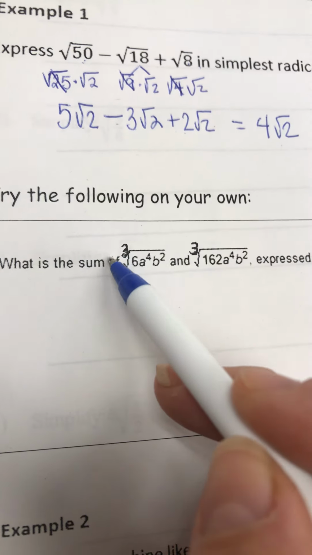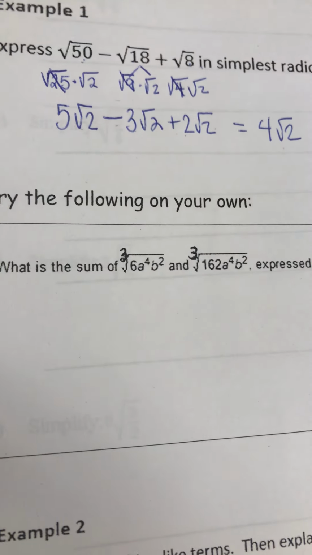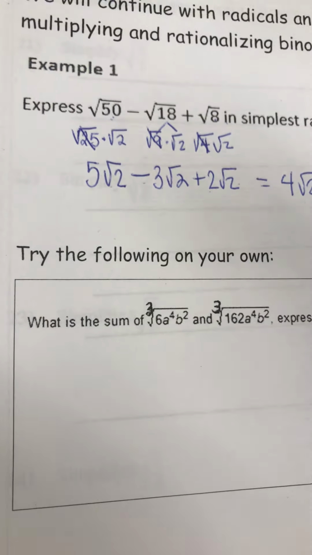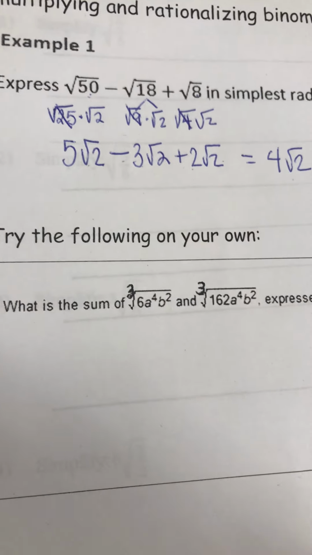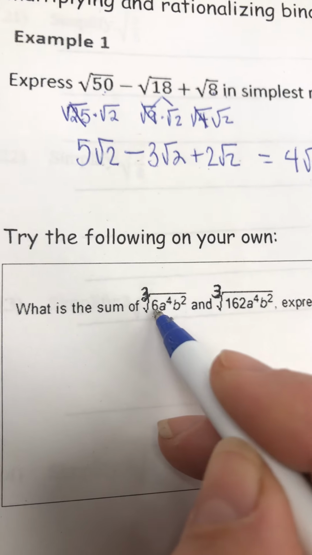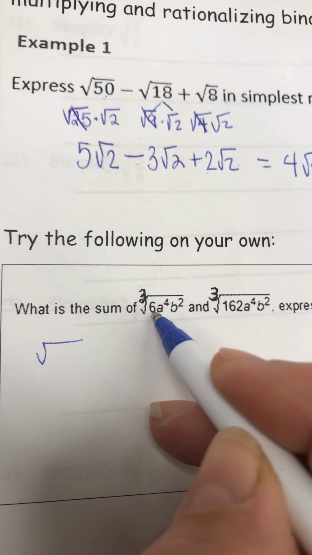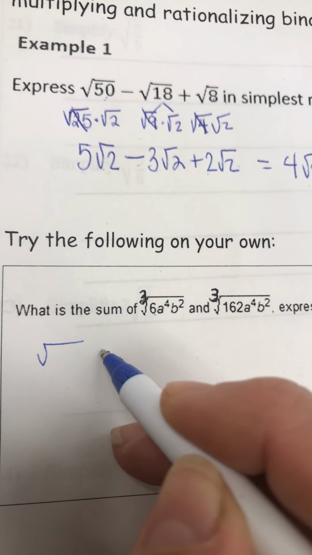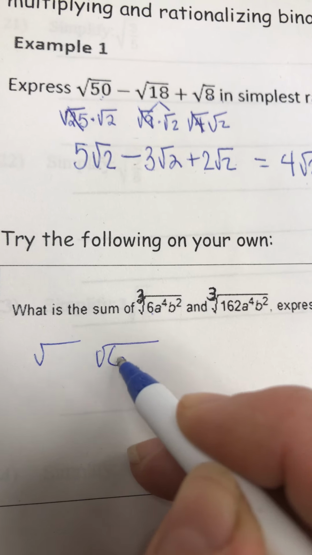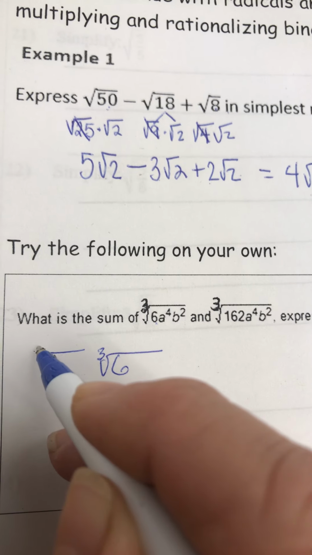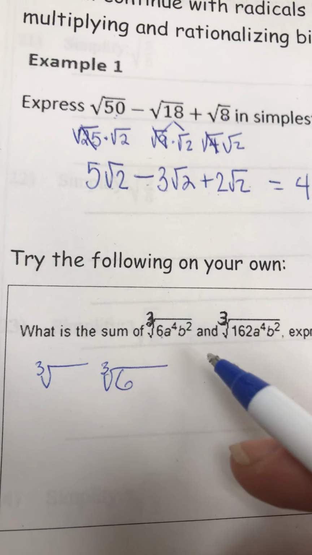Now we have cube root as well as variables, okay? So the first step is everything we did yesterday. So I'm going to take this and ask what perfect squares are in 6? None. So 6 stays in the cube. I'm sorry, not perfect squares, but perfect cubes.